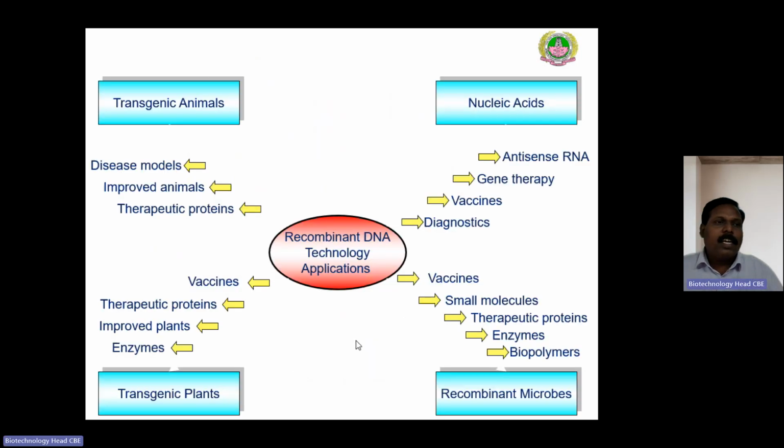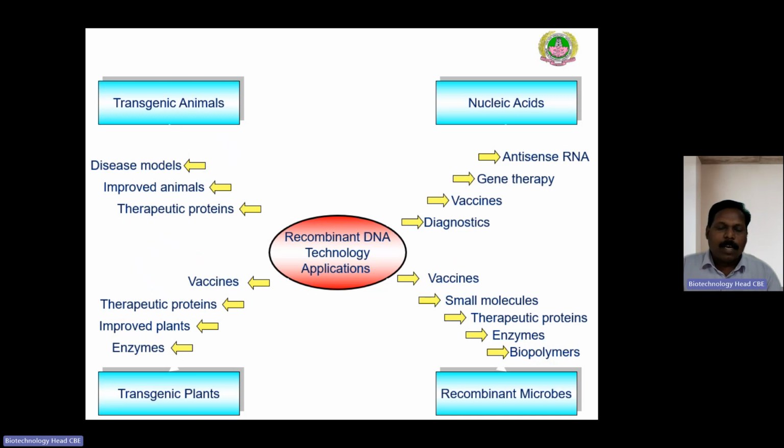This recombinant DNA technology or genetic engineering has umpteen applications. They have basic applications in nucleic acid manipulation, where you can do antisense RNA technology to suppress gene expression. It is also used in gene therapy, producing vaccines and also in molecular diagnostics.